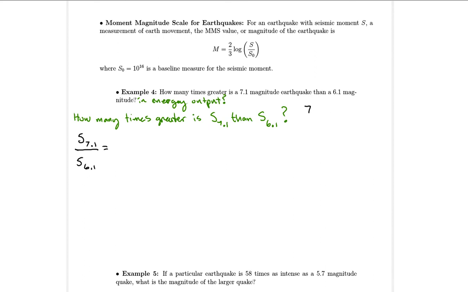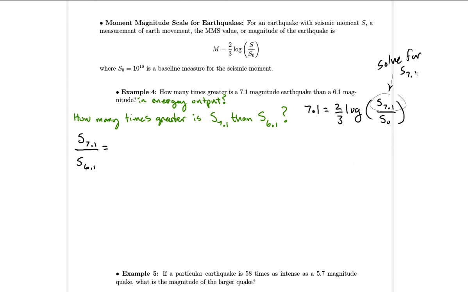So on the one hand, I know that 7.1 should be equal to 2/3 times the log of the seismic moment for 7.1 over this S0, which is 10 to the 16th. Okay, but what I can do is solve for this.